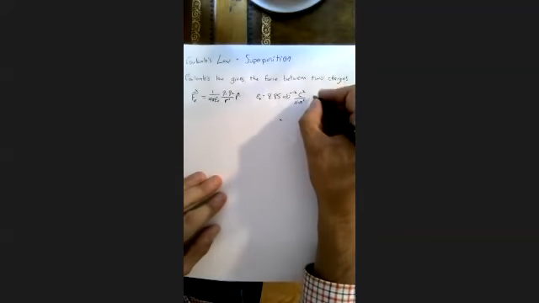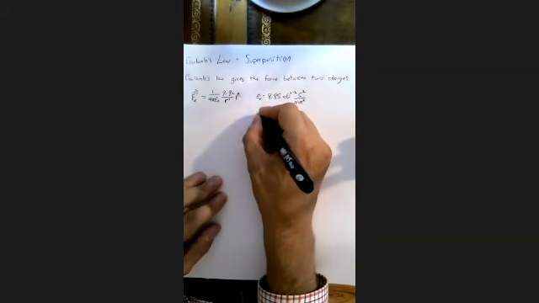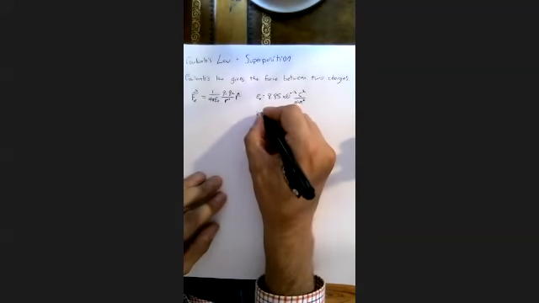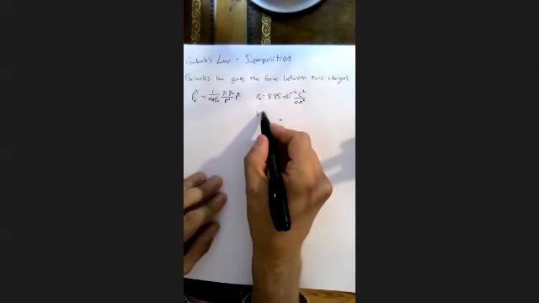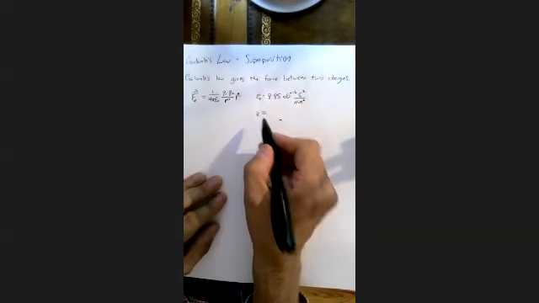Usually you don't want to have to bother calculating 1 divided by 4 pi epsilon naught. It's often easier to use another constant, k. That's Coulomb's constant, which we define, and the three lines here look like an equal sign with an extra line.